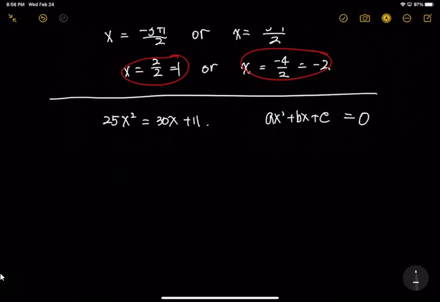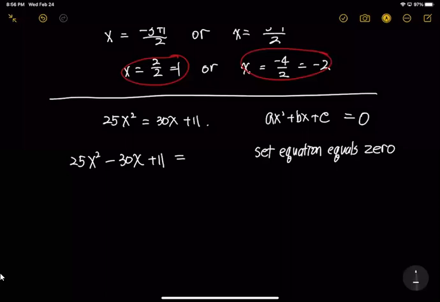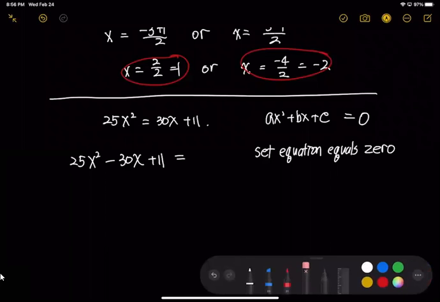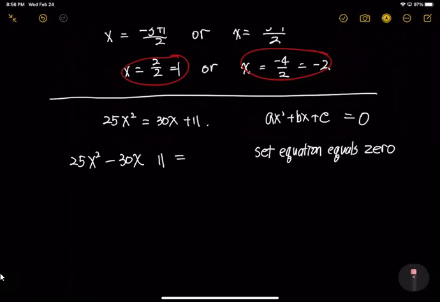That means when you look at this equation, the first thing you want to do is set the equation equals to 0. Okay, so I have 25x squared minus 30x plus 11, not plus 11, minus 11 equals to 0. And now we can identify our a, b, c.